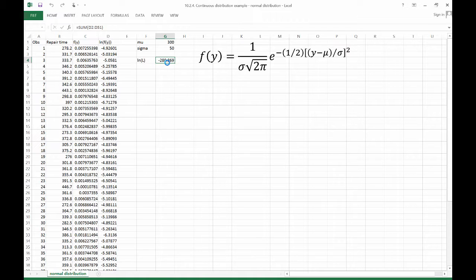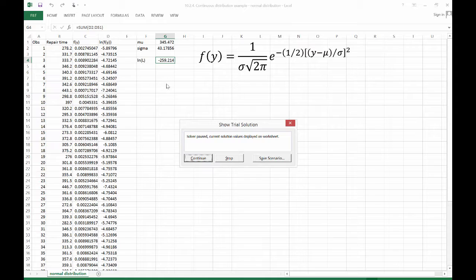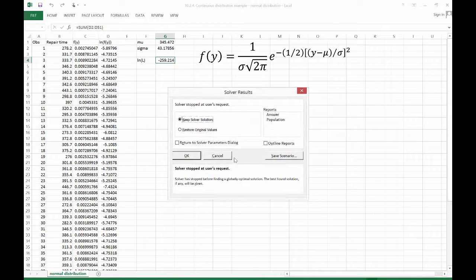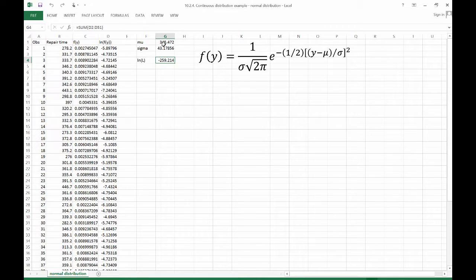Or with the options in the Excel solver, we could set an artificial number of a search length or something like that. Or we can just use escape after a while and say, yeah, that's good enough. We could continue or we could just stop. Let's just stop, save our solutions.